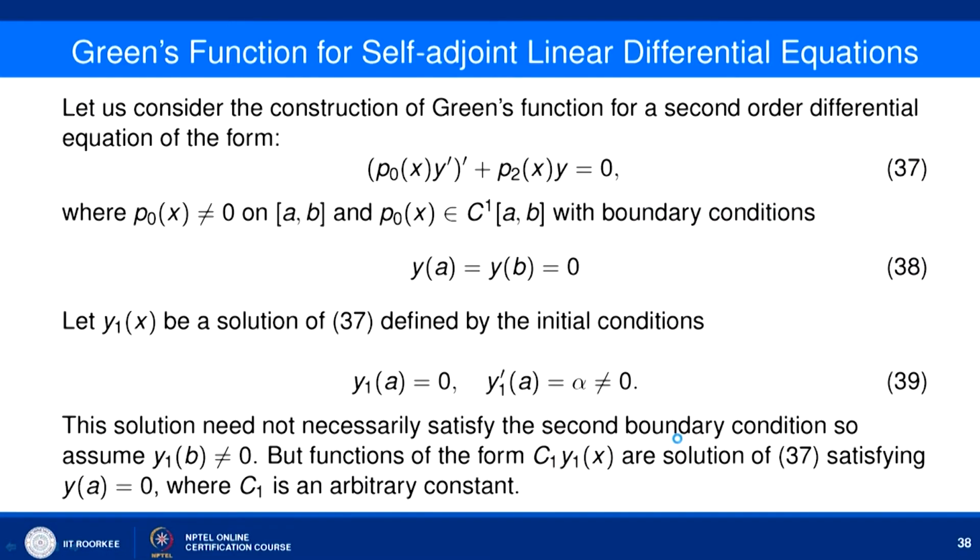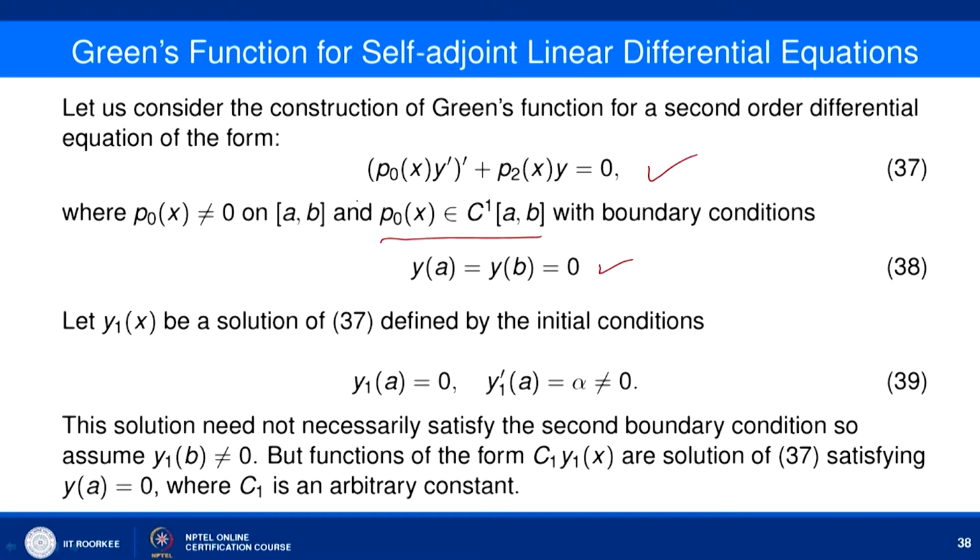So, let us now construct the Green's function for a self adjoint linear differential equation. Let us consider the construction of the Green's function for a second order differential equation of the form (p0(x) y')' + p2(x) y = 0, where p0(x) is non-zero on this interval [a, b], and p0(x) is a C1 function, meaning a continuously differentiable function, with the boundary condition that y(a) = y(b) = 0.